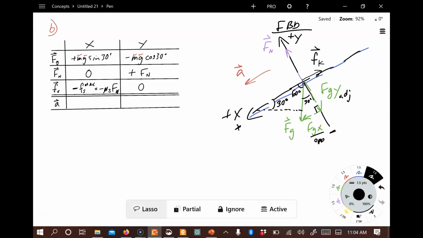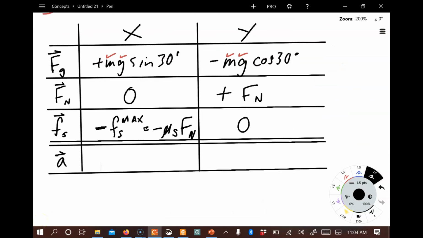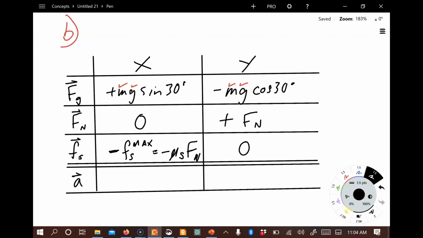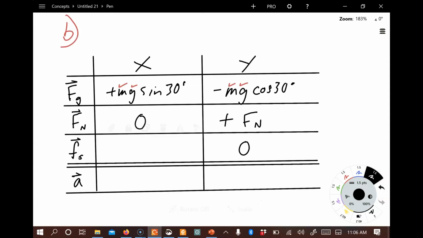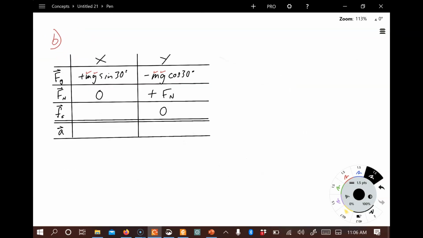So let's make those changes to our table as well. Right, so the gravitational force hasn't changed. That is still the same there, so we're good with that. The normal force, we still don't know what it is, but we can write it like that. And we're going to need to change the static frictional force into a kinetic frictional force. So let's go ahead and look at our picture again here.